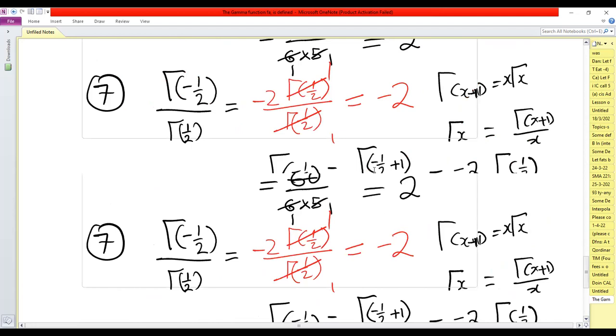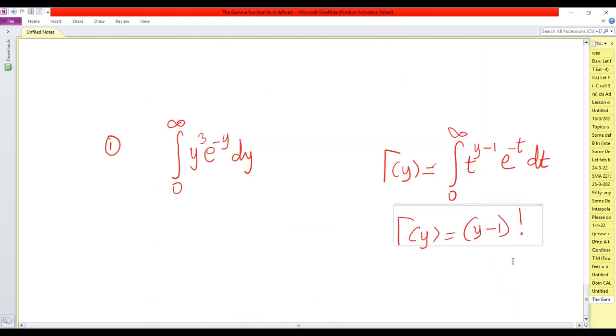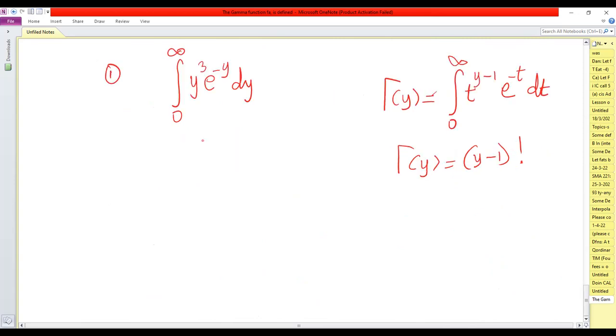So with that in mind, we are going to transform our integral to take the general structure of the gamma function and therefore define the integral in terms of the gamma function. So if you relate these two, we see that the limits agree.